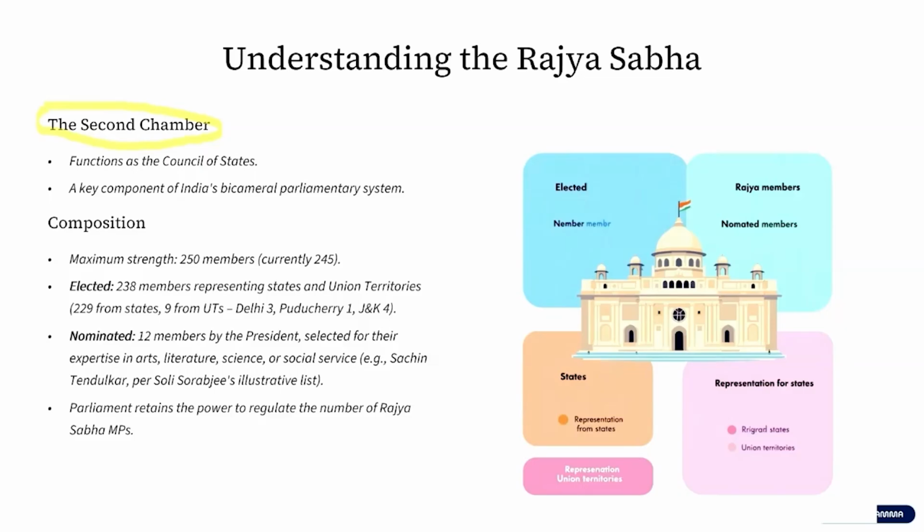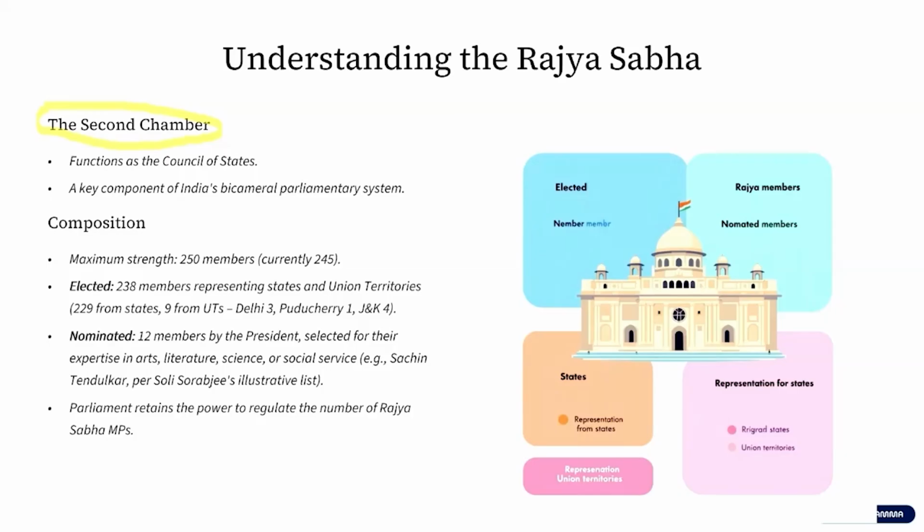So, in our constitutional mechanism, who is given primary importance? It is the people. When people are given the primary importance, the house that represents these people, that is Lok Sabha, acts as the first chamber in India's parliamentary system. And that is why Rajya Sabha acts as the second chamber.